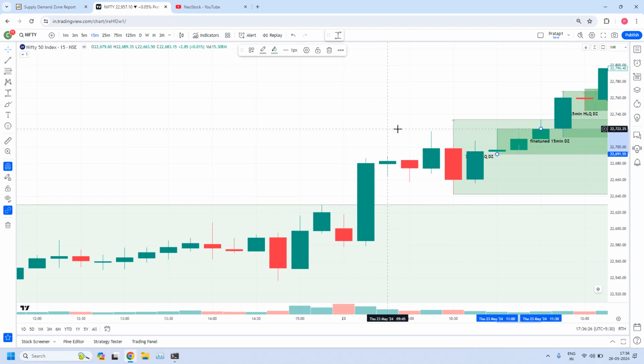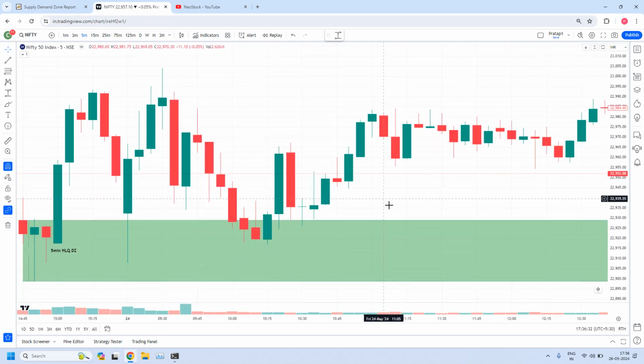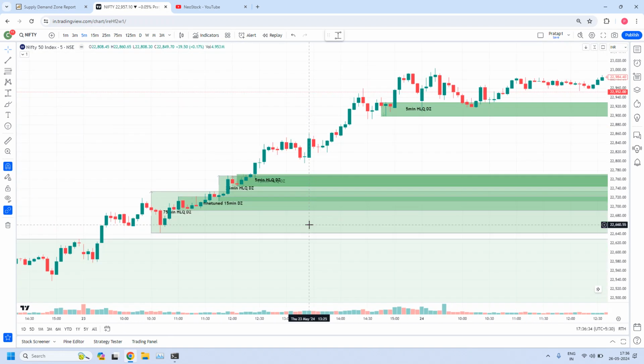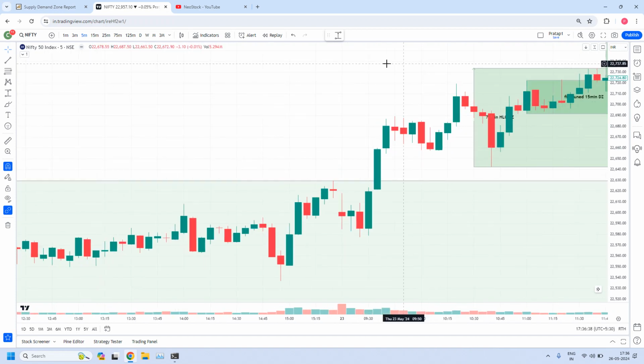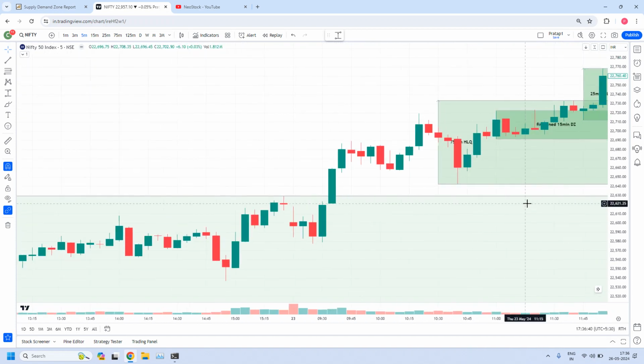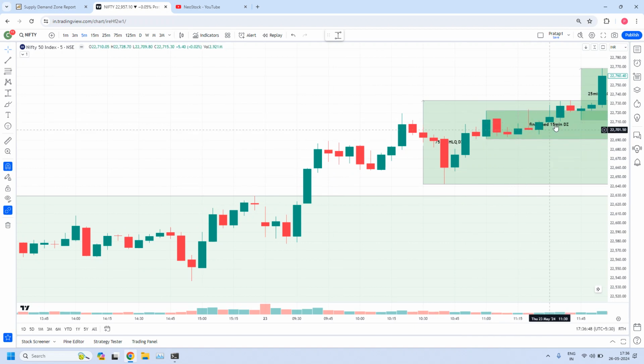Because you already experienced how powerful the fine-tuned zones are. Now within this fine-tuned zone, are we identifying the fine-tuned 5 minute zone? Here you have rally base rally, but it already picked up the orders. So we don't have a fresh fine-tuned zone available, but here below we have a drop base rally.